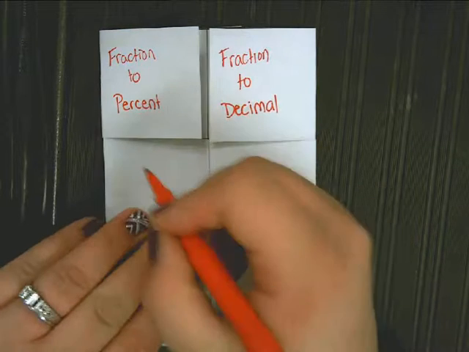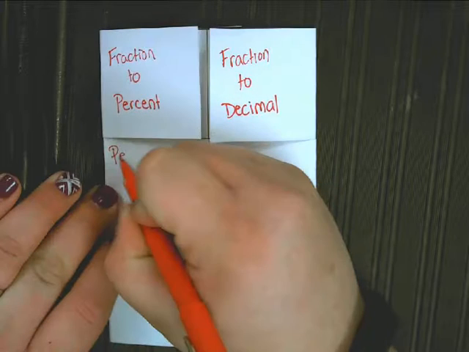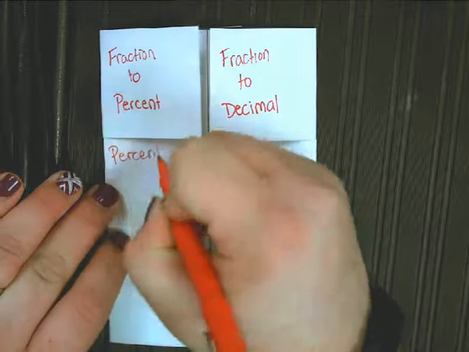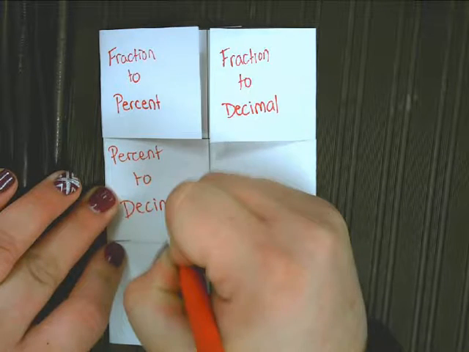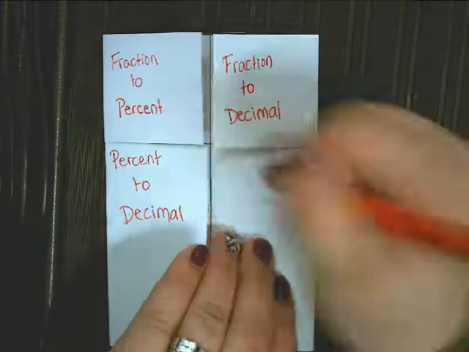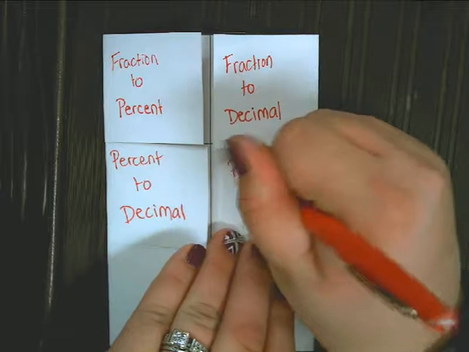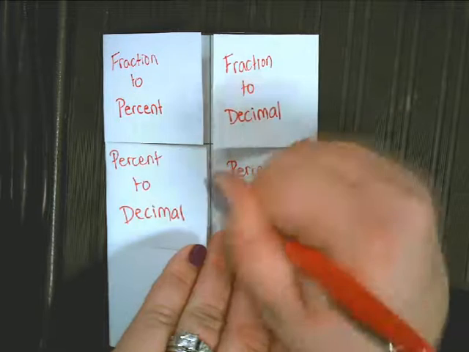The next line down, you're doing percent to decimal and percent to fraction.